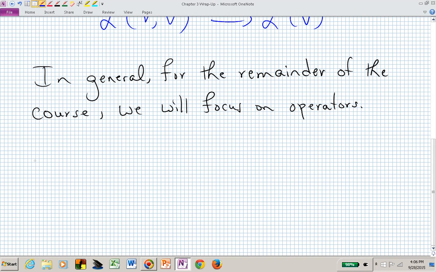What I wanted to cover before we move out of Chapter 3 is, from the second edition, Theorem 21 in Chapter 3.